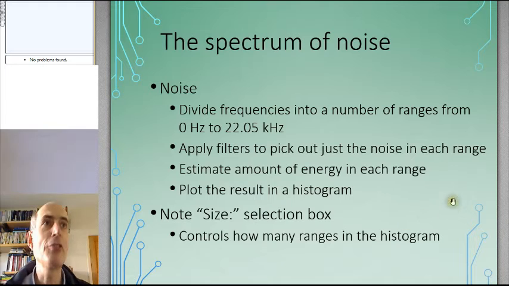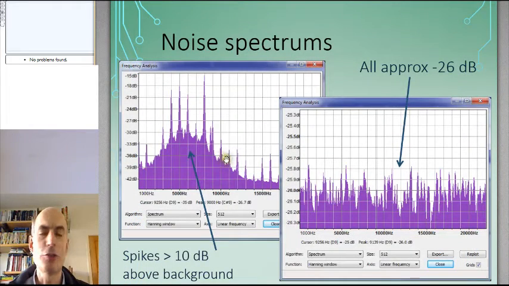Audacity is quite good at this. You can divide up the frequencies into a number of different ranges. How many ranges is set by the size selection box. It will work out how much power there is in each of those frequency bands and plot that result on a histogram. It looks like this.